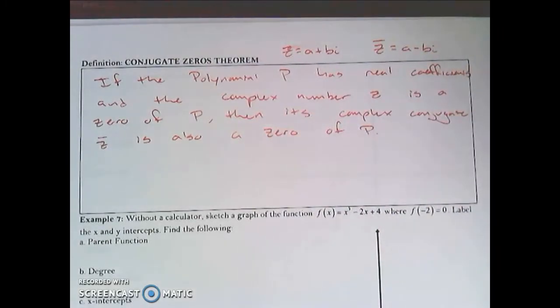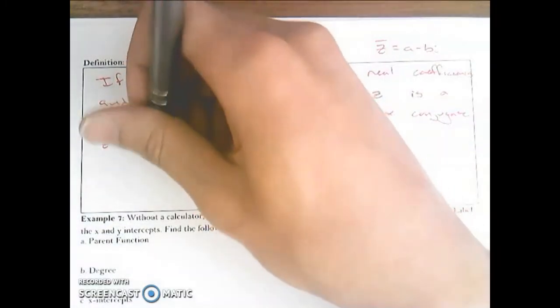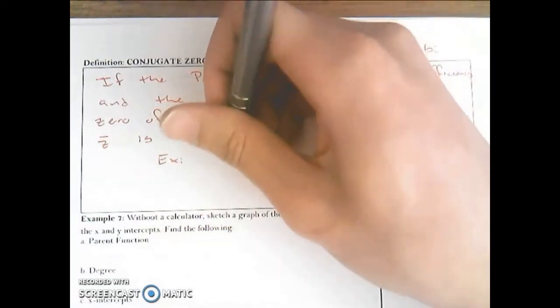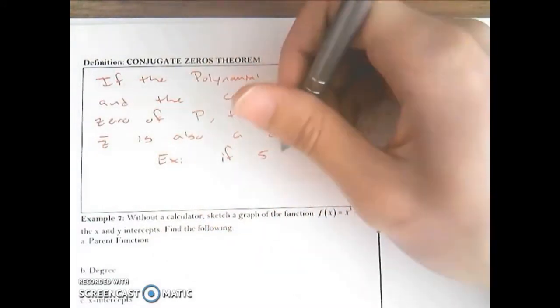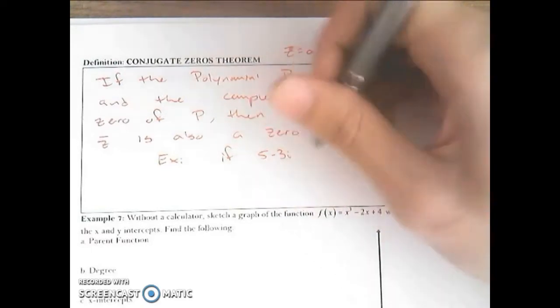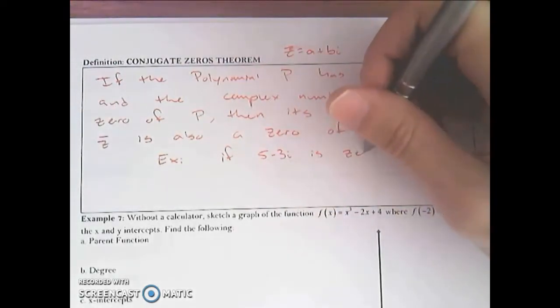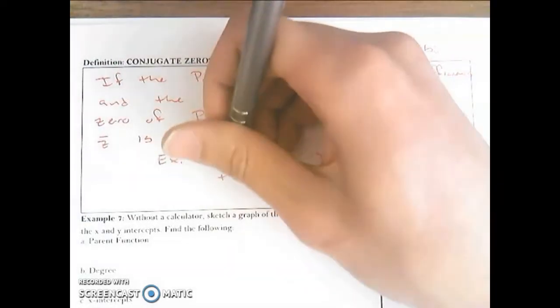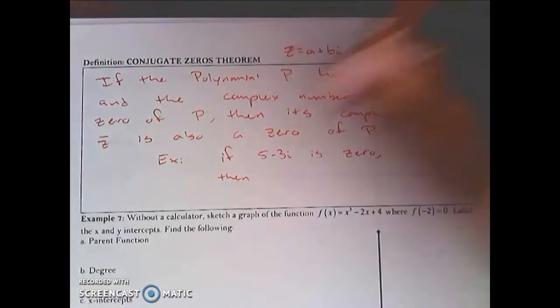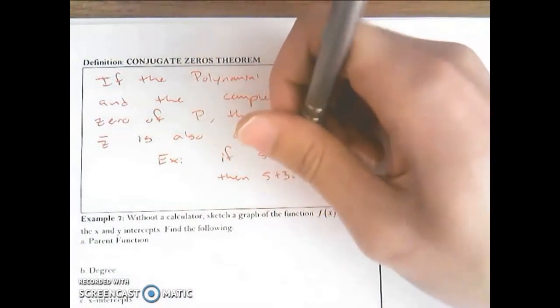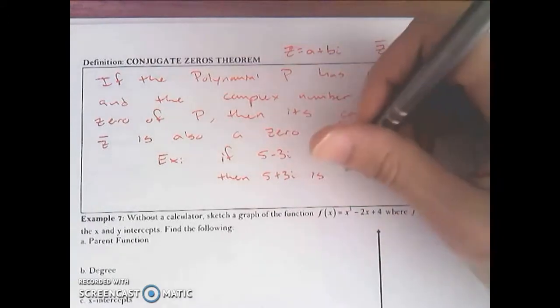So as an example, if we determine that, say, the complex number 5 minus 3i is a 0 of a polynomial, then the conjugate zeros theorem states that 5 plus 3i, its conjugate, is also a 0.